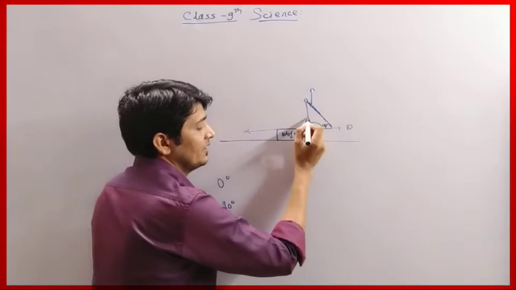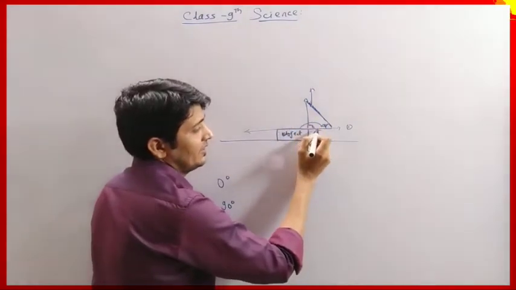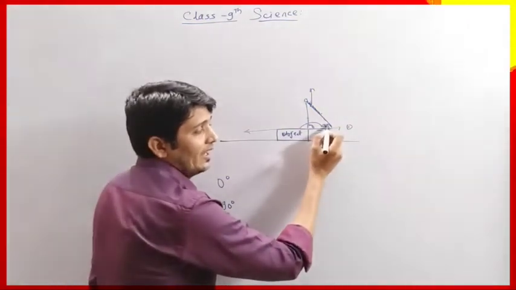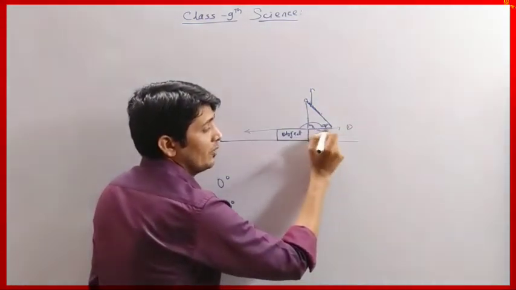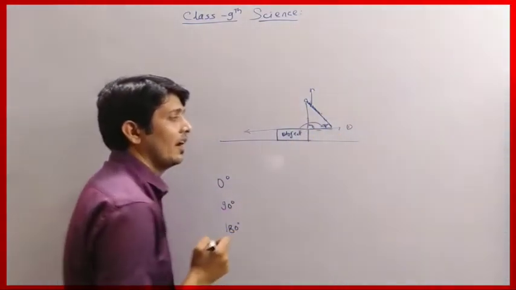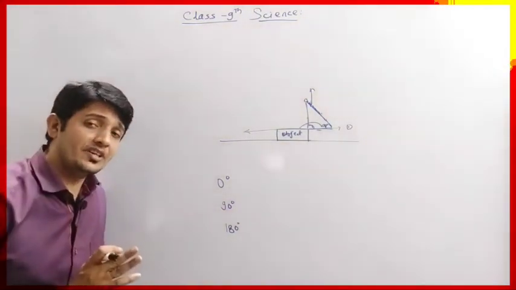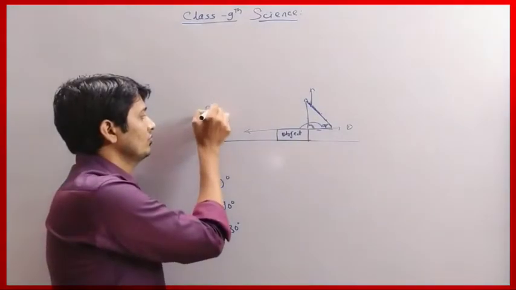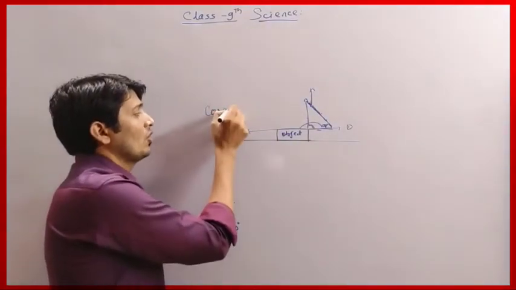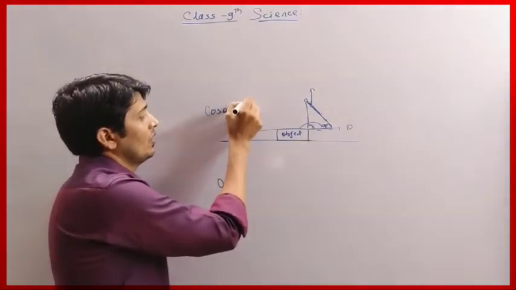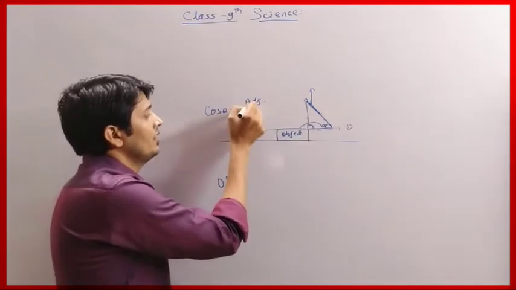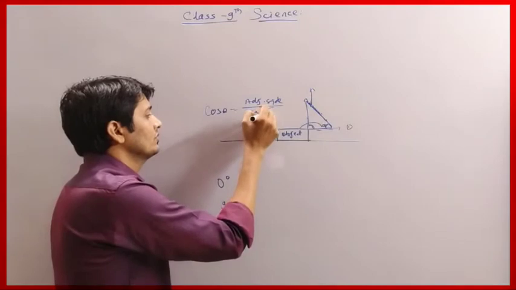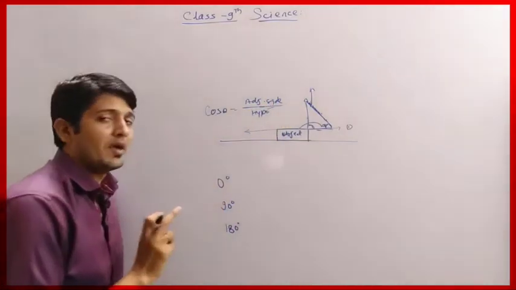Then this is the opposite side, this is the adjacent side, and this is the hypotenuse. This angle is formed between the adjacent side and the hypotenuse, so the relation is shown by cos theta. Cos theta is adjacent side divided by hypotenuse.